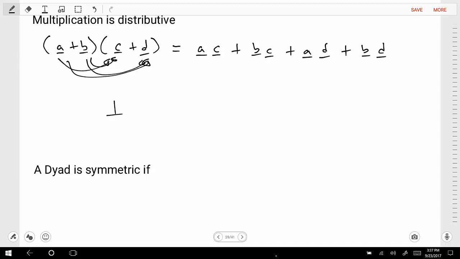So from that, we'd also say that we had some dyadic tensor built from a and b.